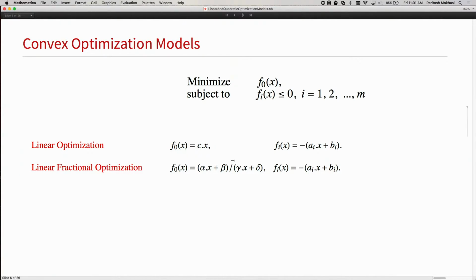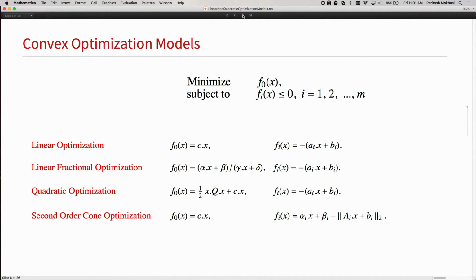If the objective function, f naught, is linear and the constraints are also linear, then it's considered a linear optimization problem. If the objective function is the ratio of two linear functions, then that becomes a linear fractional optimization.